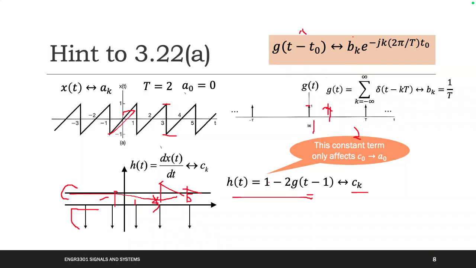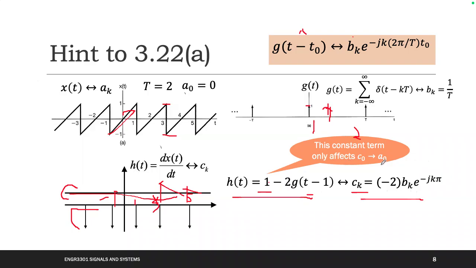What property? The FS time shifting property. So we have this one. The c_k equals negative 2 b_k e to the power of the shift term. Okay, this one, am I right? Do you know why the 1 disappears?